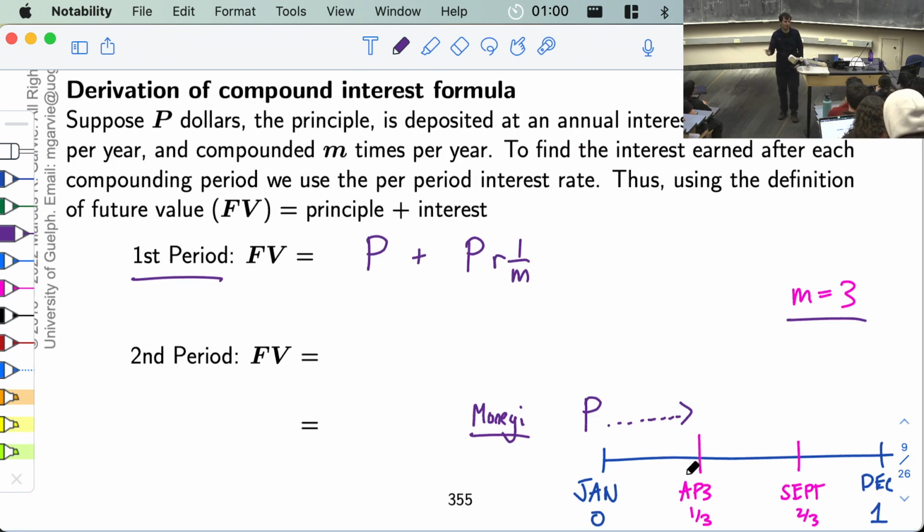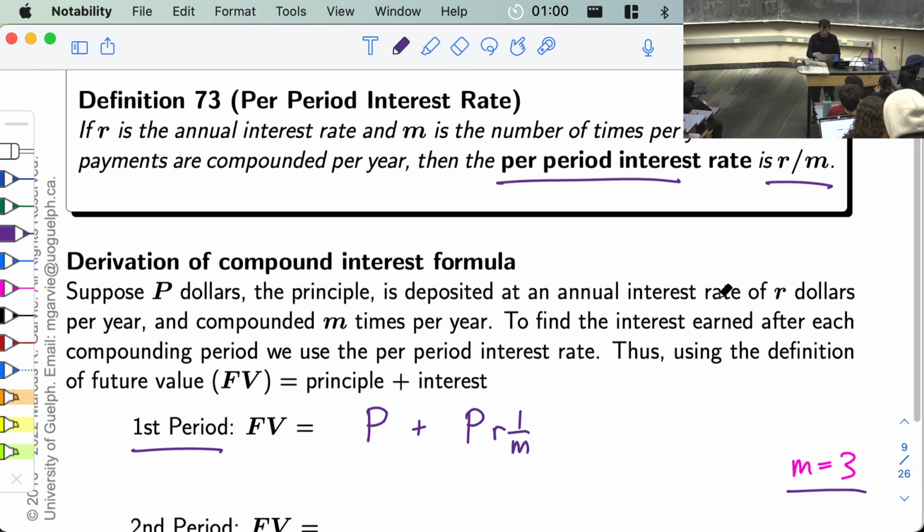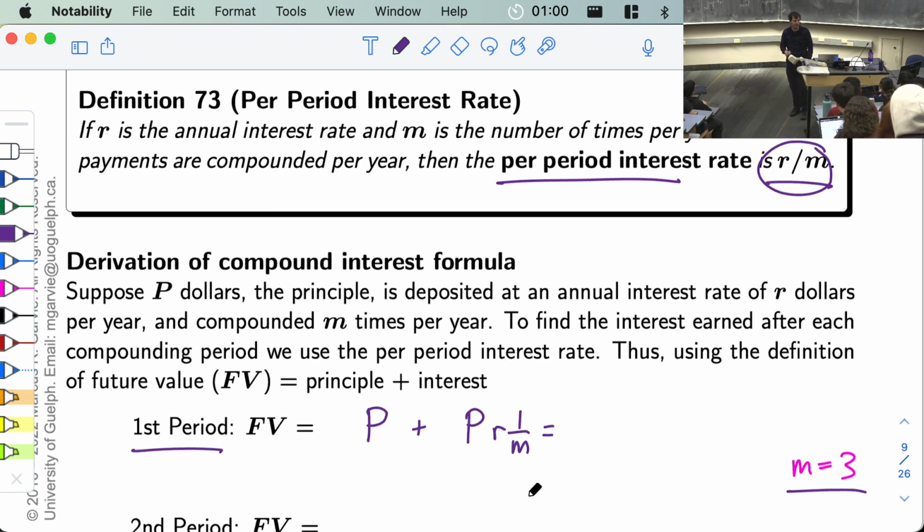You get r times 1 over m, which you can think of as one single number, the per period interest rate. The important thing to notice is that you can write p as p times 1, and then you can factor out a p. It's p times 1 plus r over m.